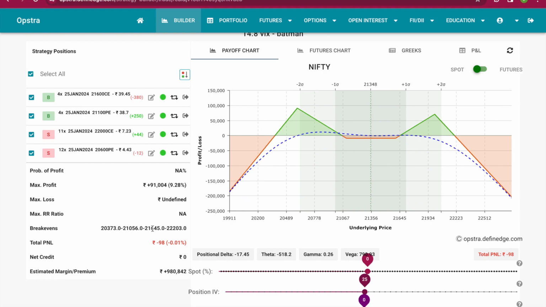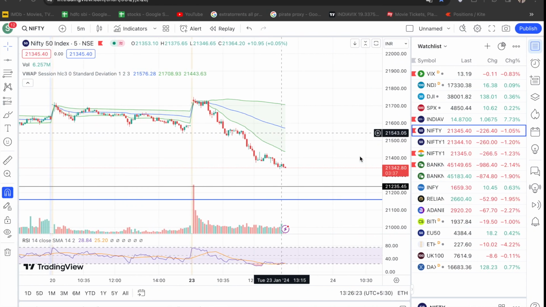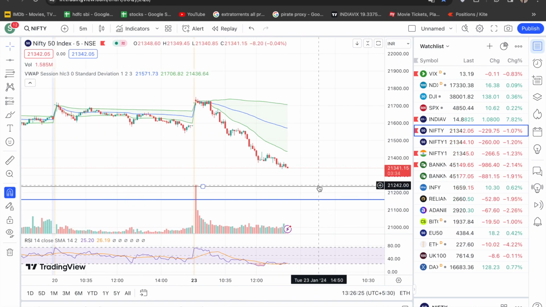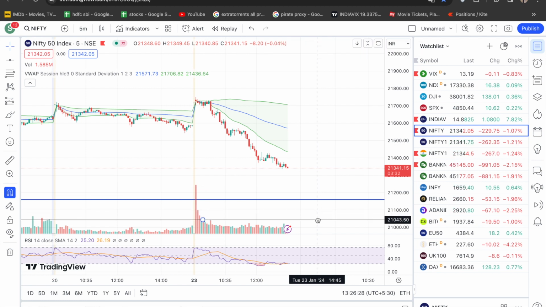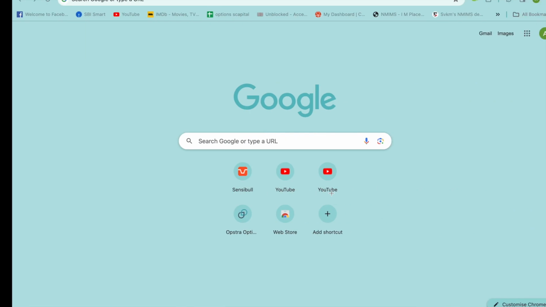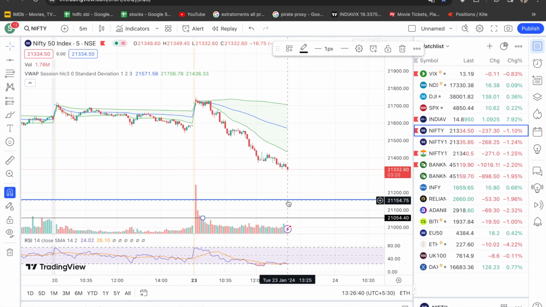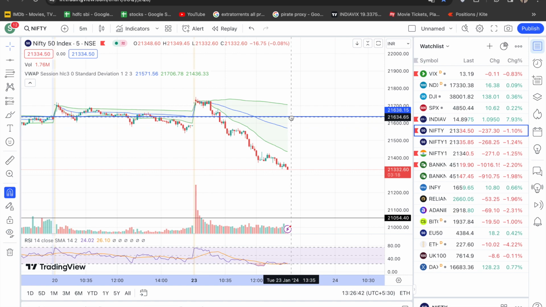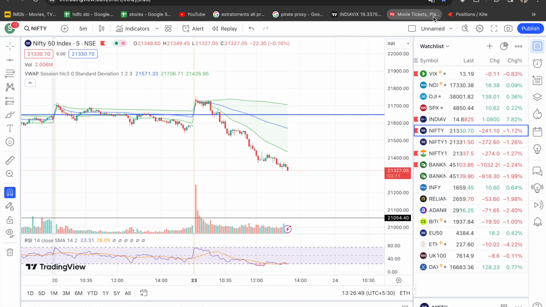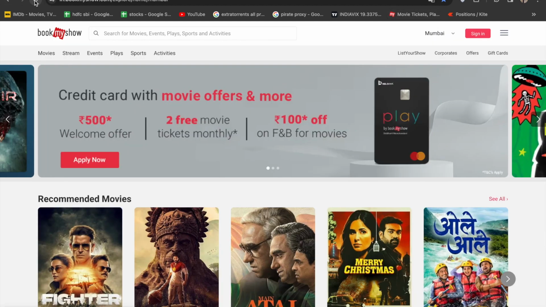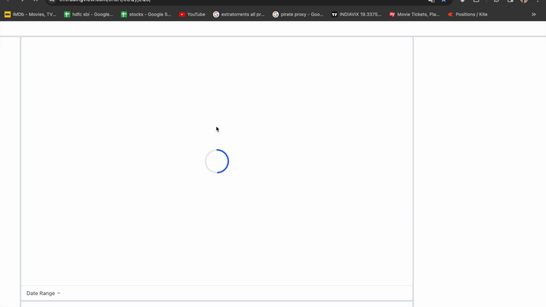We can just mark it: 21,056. Okay, this is our mark, and the next mark we are going to do is 21,645. Sorry, I clicked the wrong button.